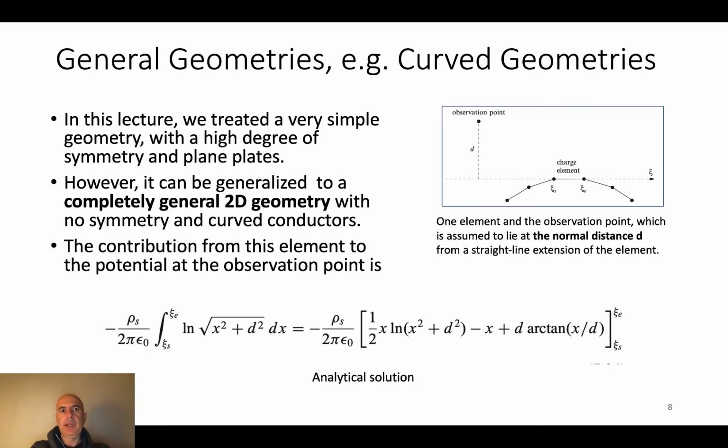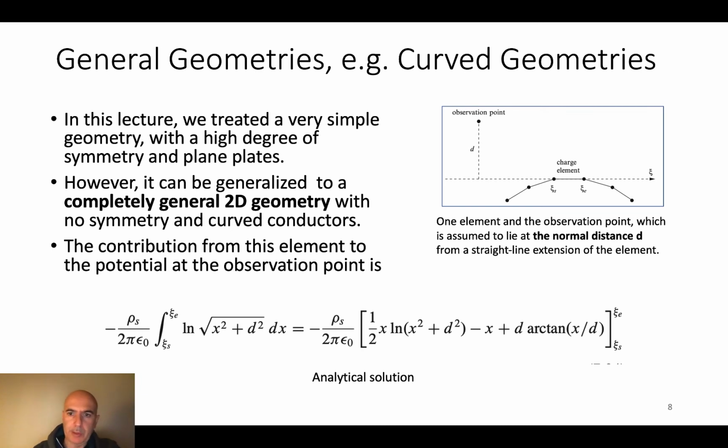So this can be applied also in general geometries, for instance on curved geometries like depicted on the right part of this slide. So in this lecture we treat a very simple geometry with a large degree of symmetries and plane plates. However, it doesn't need to be that.